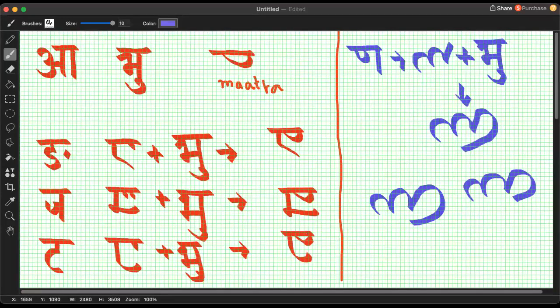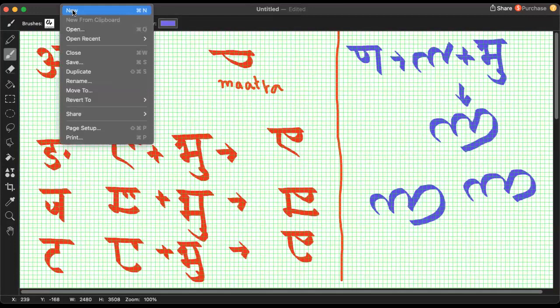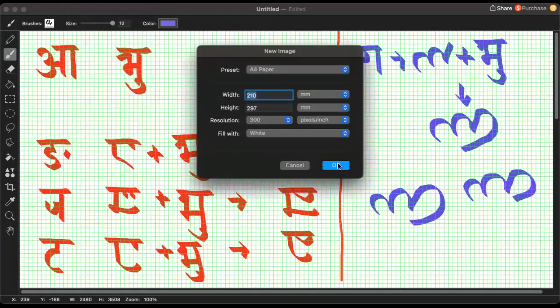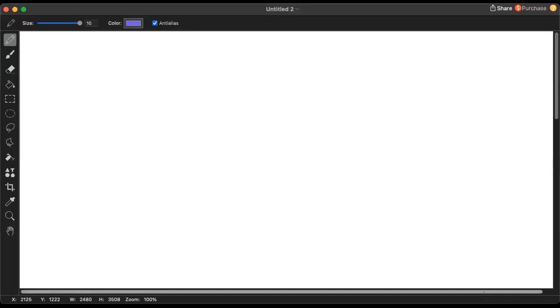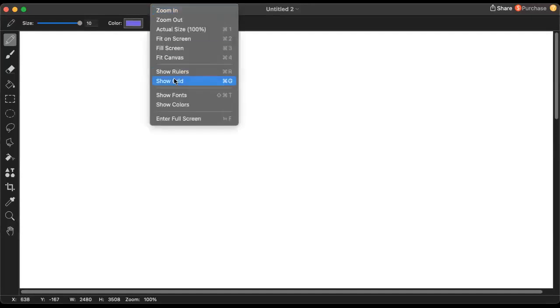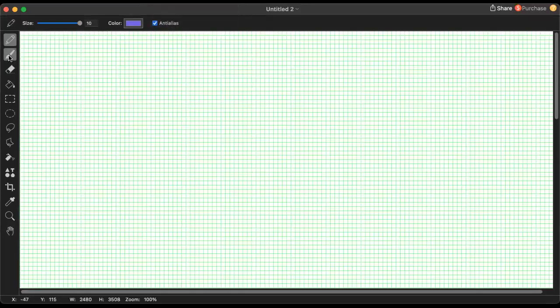Similarly, so these are the special rules for U and A. I would want to let me just open a new screen. Okay.